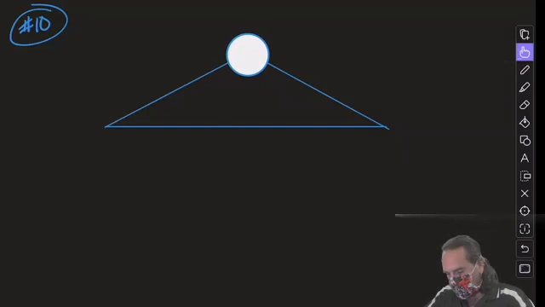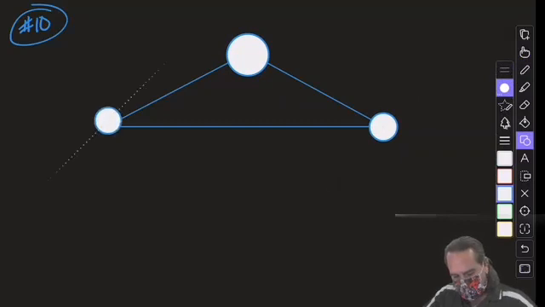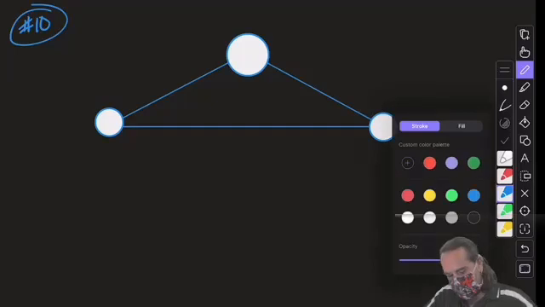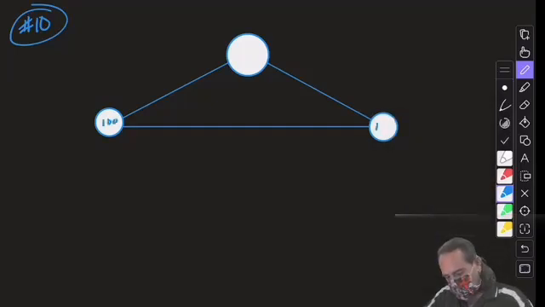One here, and one here, and one here. And these are each 100 grams, and this one is 200 grams. We're told this is 12 centimeters, and these are both 10 centimeters.